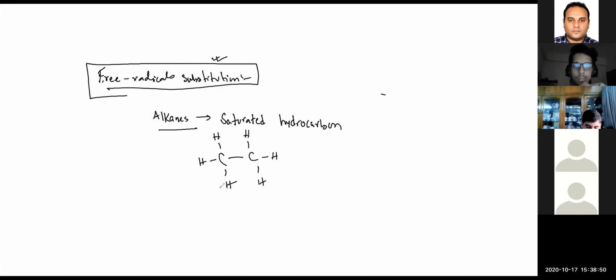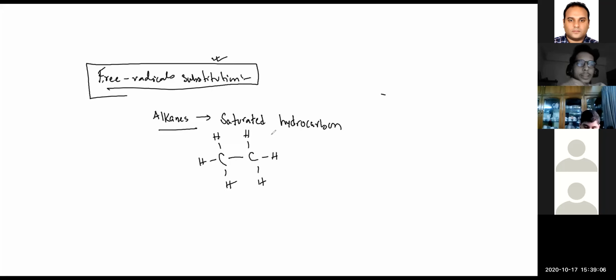It's already linked to 6 hydrogen atoms, and we know that each carbon has 4 hands. So this carbon is already linked to 4 hands, and this carbon is also linked to 4 hands.